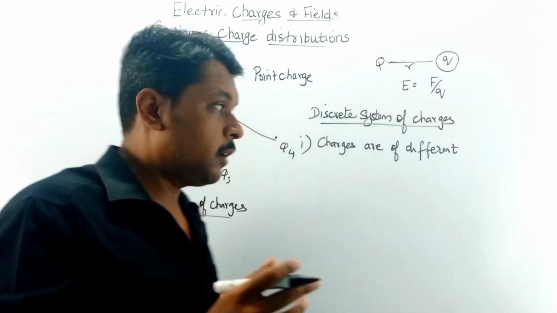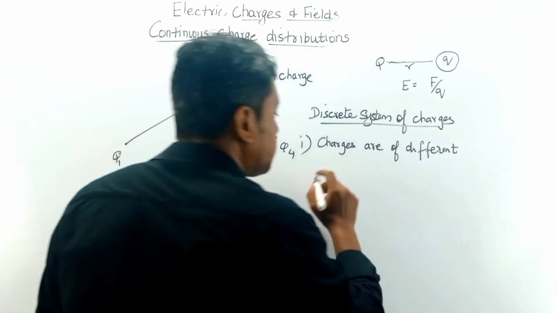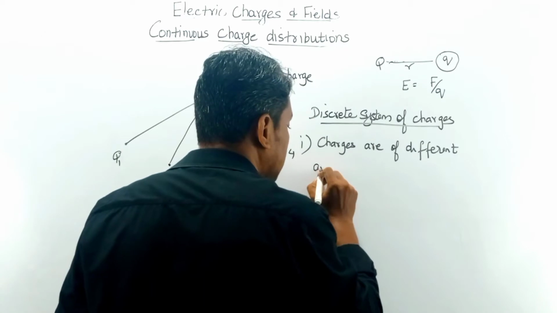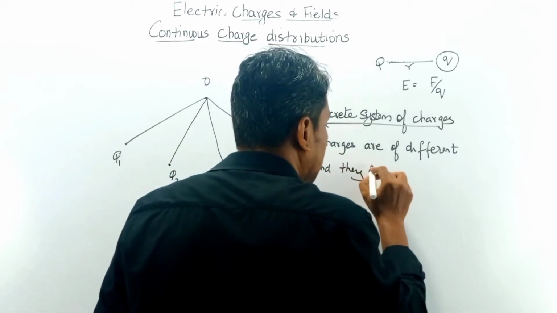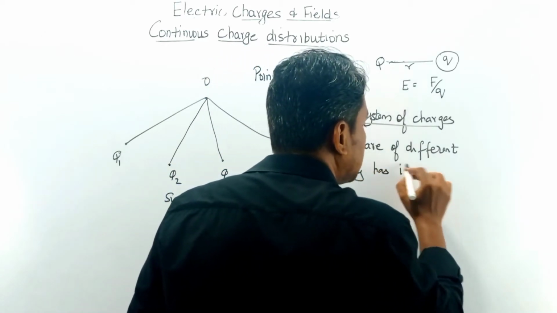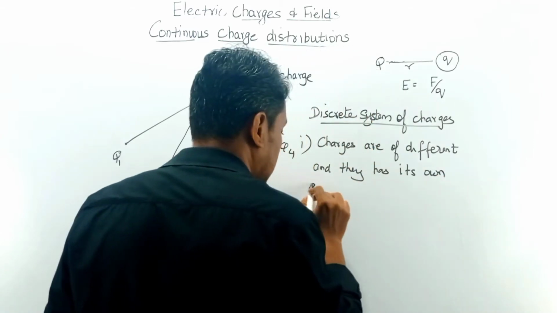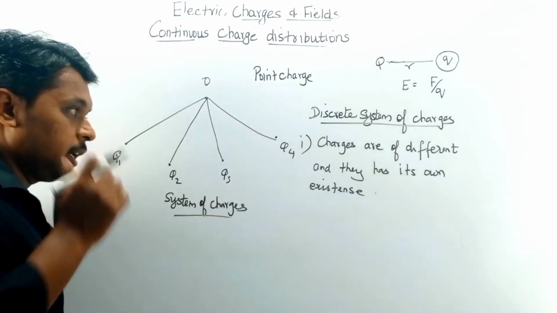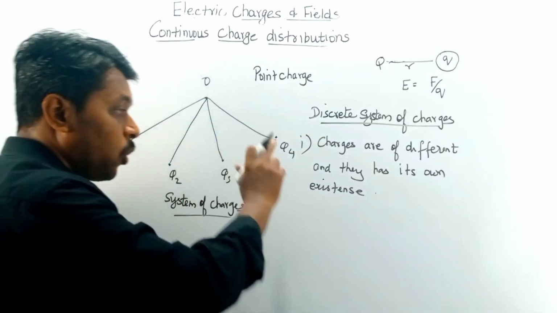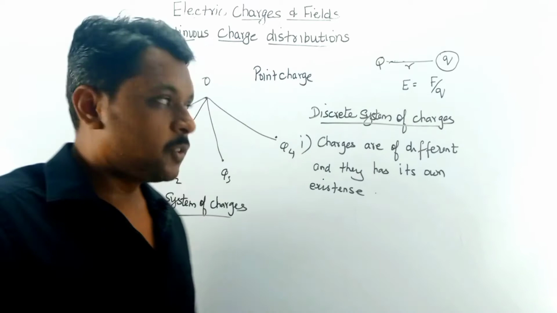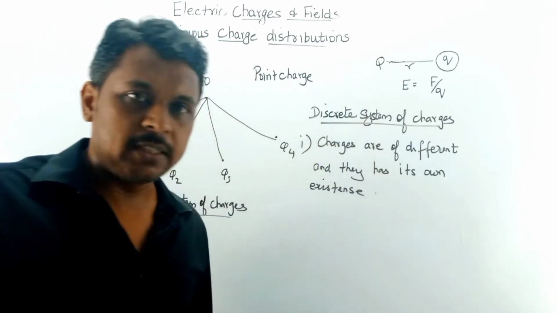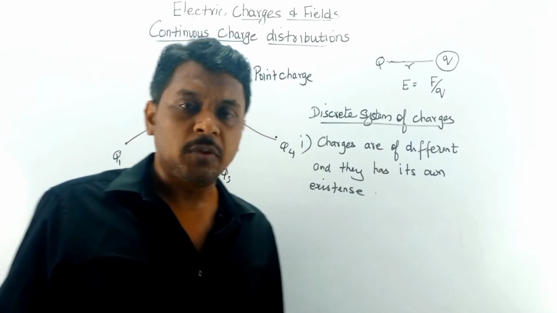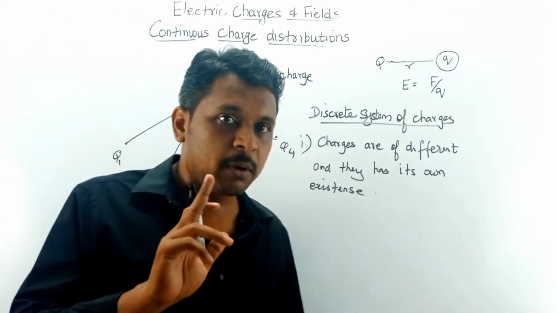They have different magnitudes, they are different in nature, and each charge has its own existence. So this arrangement we call a discrete system of charges.